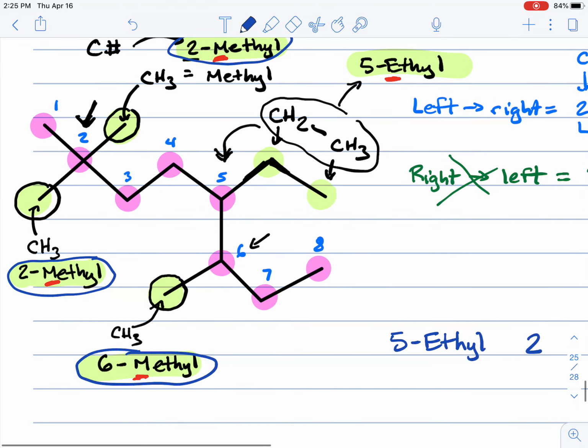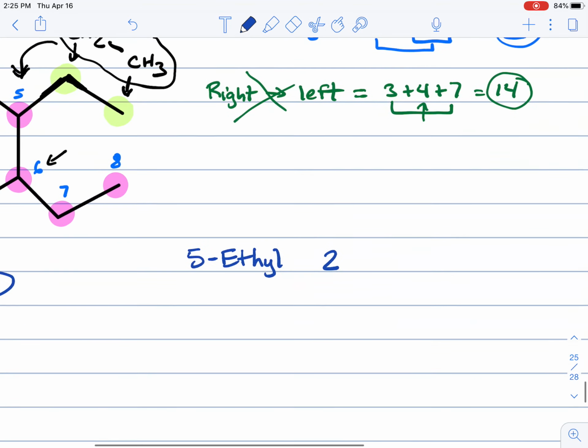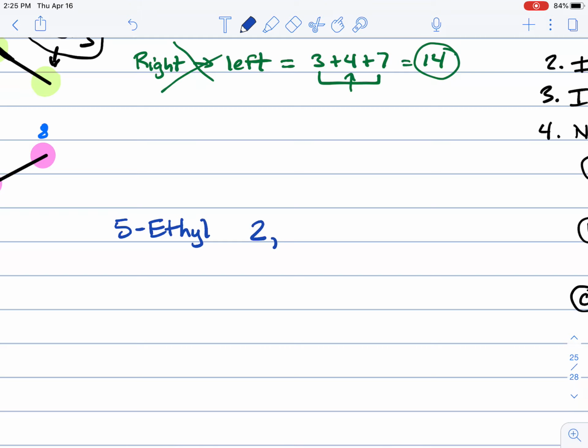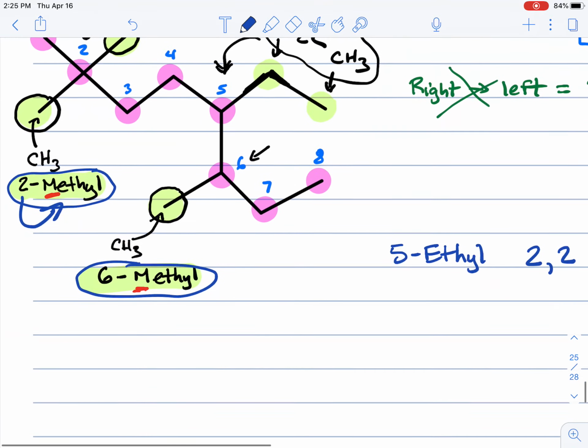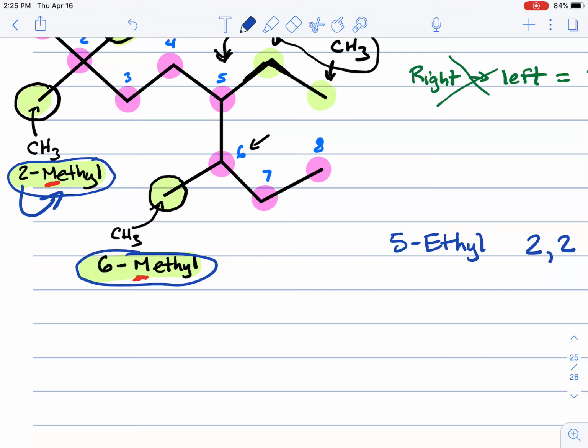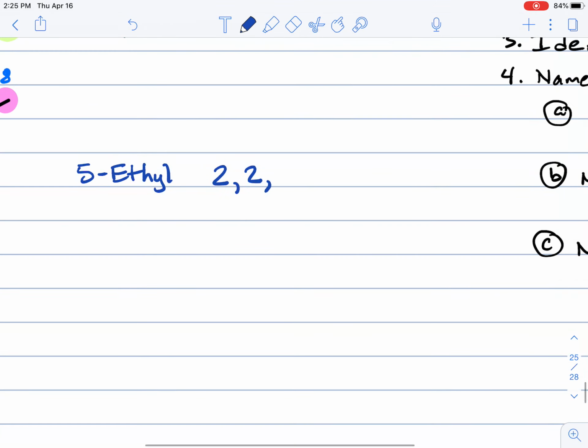And then we have another 2-methyl, so we're going to say 2. Then when you separate out numbers, you put a comma, 2. And then here, since 6 comes after 2, we're going to go ahead and describe the 6 for that same methyl group. And we're going to separate it by using another comma.